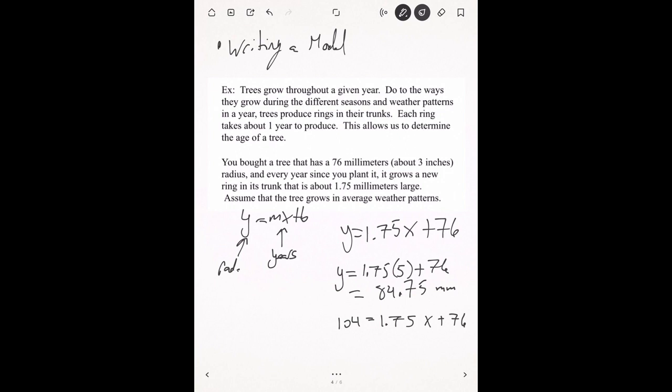So take 104 and subtract 76 from it to get 28, then divide by 1.75. So x should equal 16 years. If I want this tree to get up to a radius of 104 millimeters, it's going to take about 16 years to do so. So again, when we go about evaluating stuff, you have to be careful. What are the units? x represents what, and what does y represent?